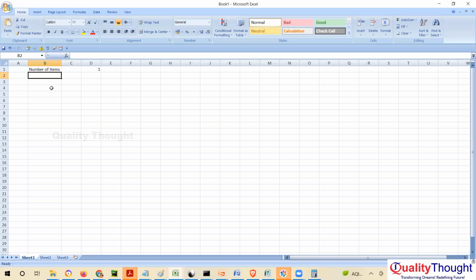Okay, so if I set my price, here you see it is items. Okay, this is your price, and this is cost, right? Cost is made up of fixed cost and variable cost.